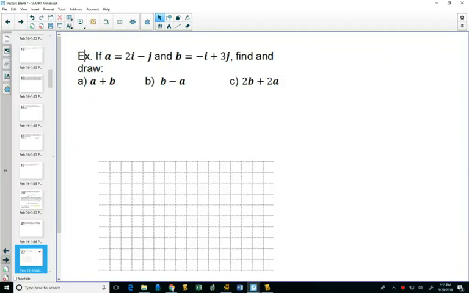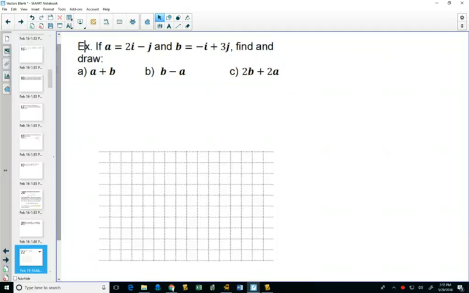So we can draw these out. If A is 2i minus j, I'm going to draw A, 2i minus j. That would be vector A. And B is negative i plus 3j.